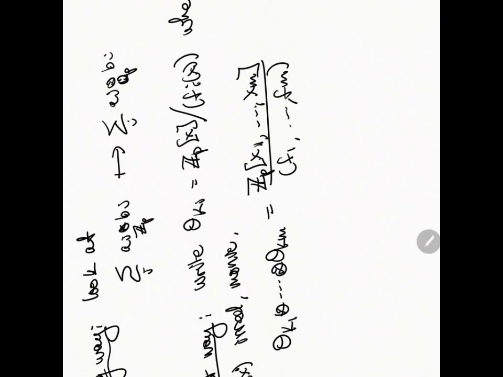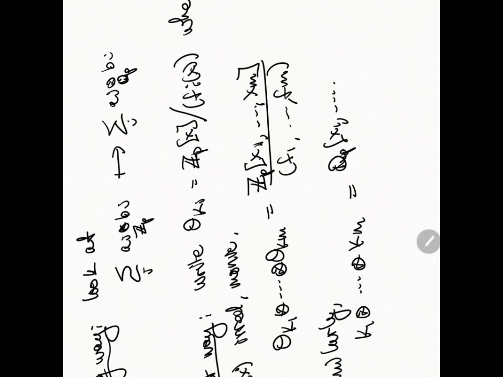Similarly, K1 ⊗ ... ⊗ Km is also a polynomial ring like this.